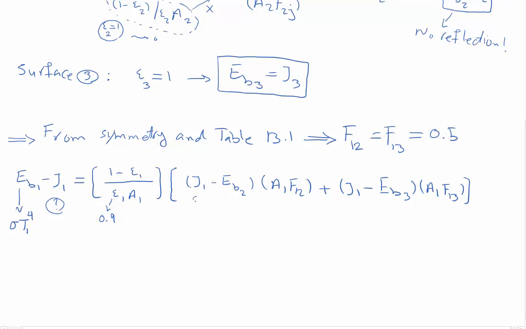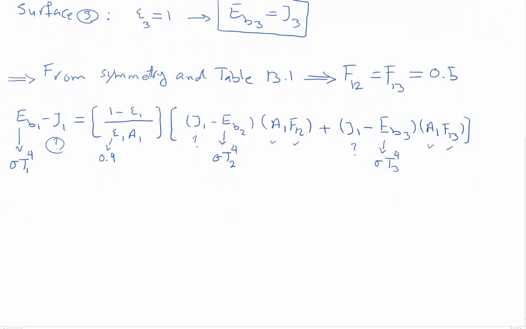Here J1 we don't know. Black body radiation, again, Stefan-Boltzmann constant times the temperature of the surface raised to the power of 4. A1 we can find. F12 we already figured out. And these two terms are also known to us.